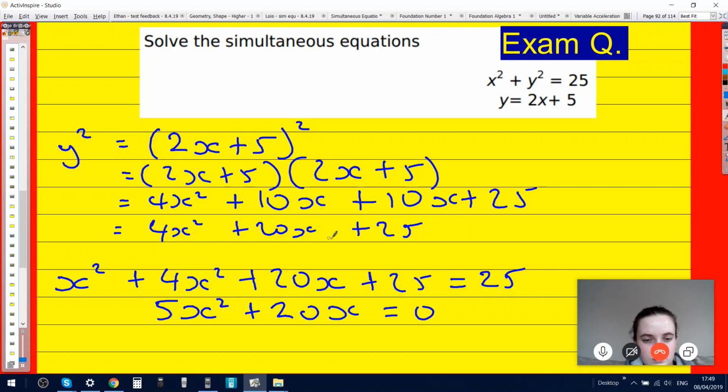If there was a number here, you would solve it by factorizing it into two brackets. There's no number there, and so you would factorize it into one bracket. Oh, 5x, and then x plus 4.